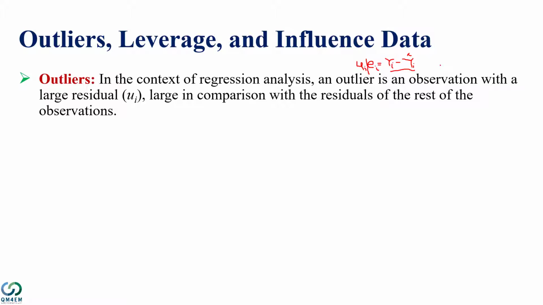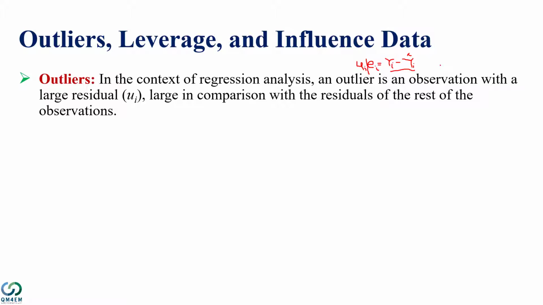Or in other words, put more simply, regression analysis is run on averages. So if a value is very much larger compared to the rest of the values in the sample, when the regression model forecasts that value, it will be forecasting a value closer to the average, but since that particular value is far away from the average, its error term would be higher. So that's a way of knowing the outliers in your data. It will have a larger residual value.